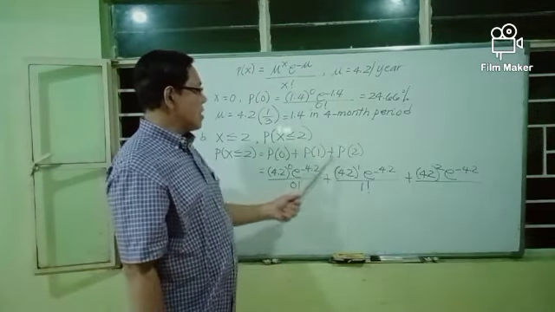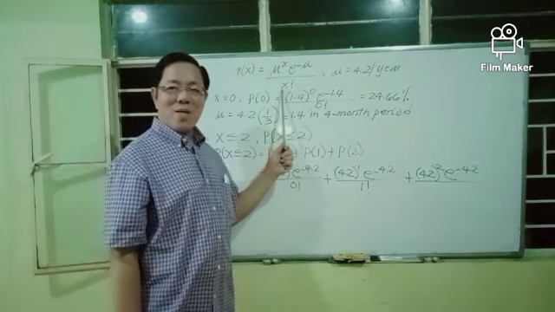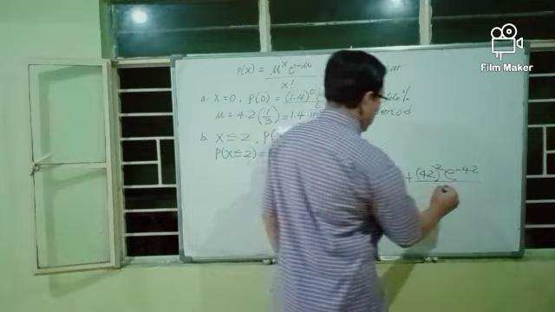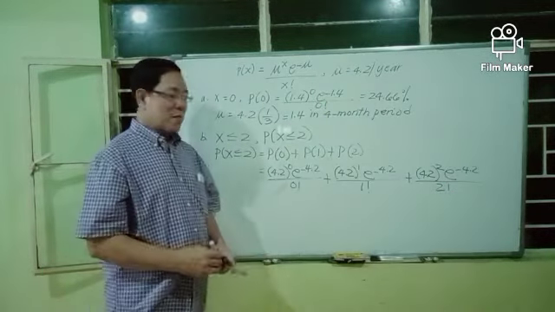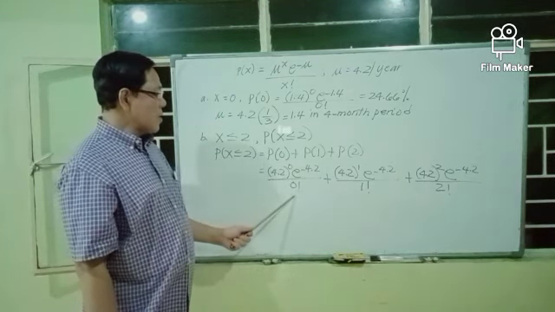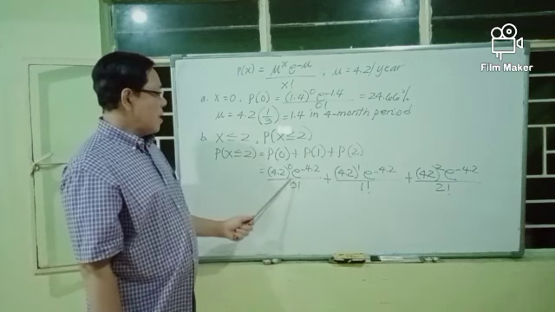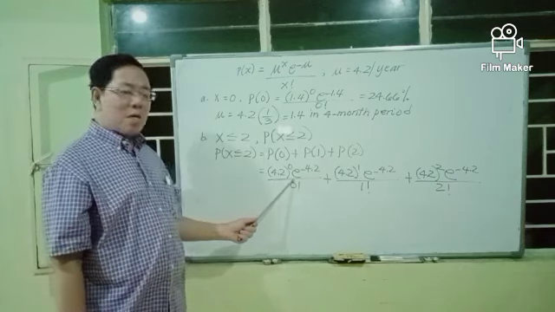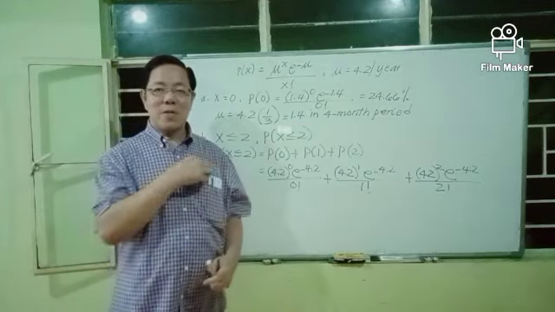For the last term in this sum, x equals 2, hence the denominator is 2 factorial. For the first term, 4.2 raised to 0 is 1. 0 factorial is 1. Hence, we only need to compute e to the negative 4.2 for the first term.